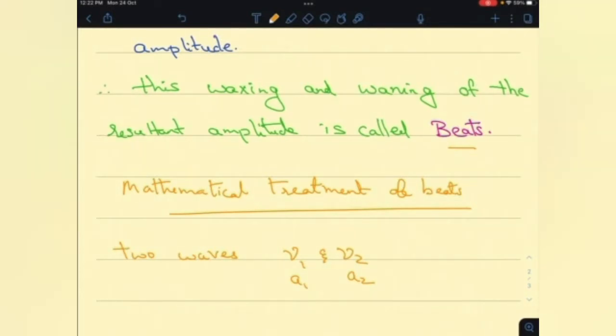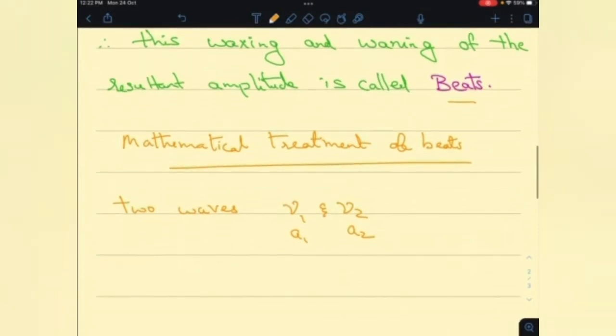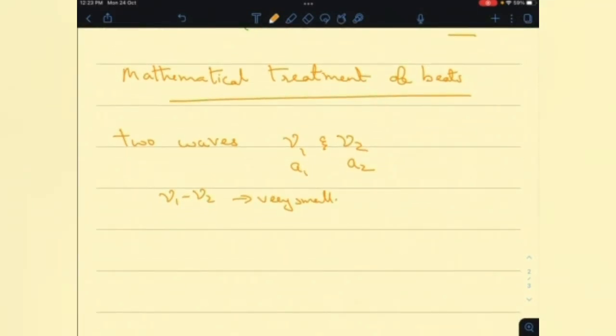Now, how do you represent these two waves? The first wave has a frequency nu1 and amplitude a1. So displacement y1 is equal to a1 sine 2 pi nu1 t. Similarly, the second displacement of the wave is a2 sine 2 pi nu2 t.